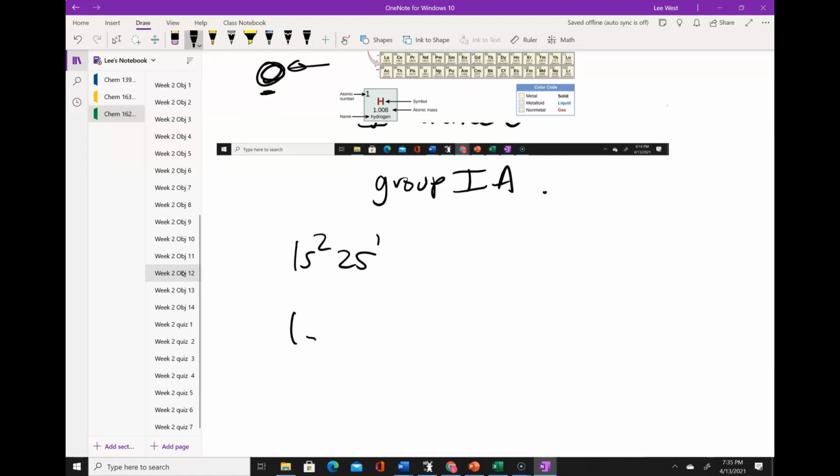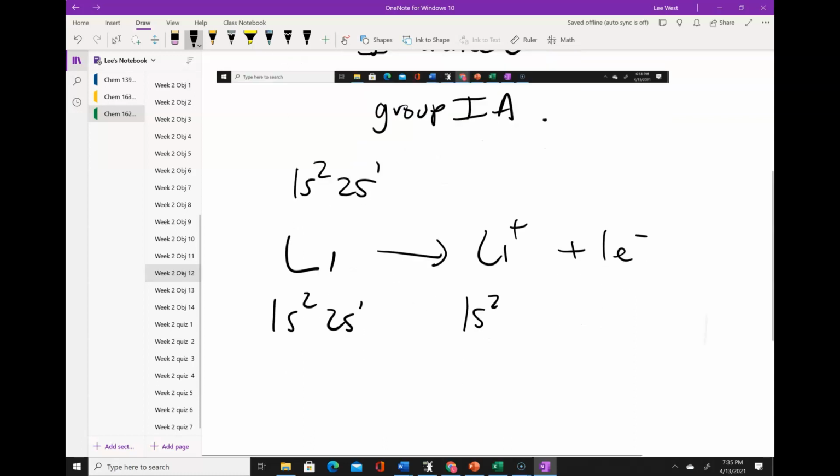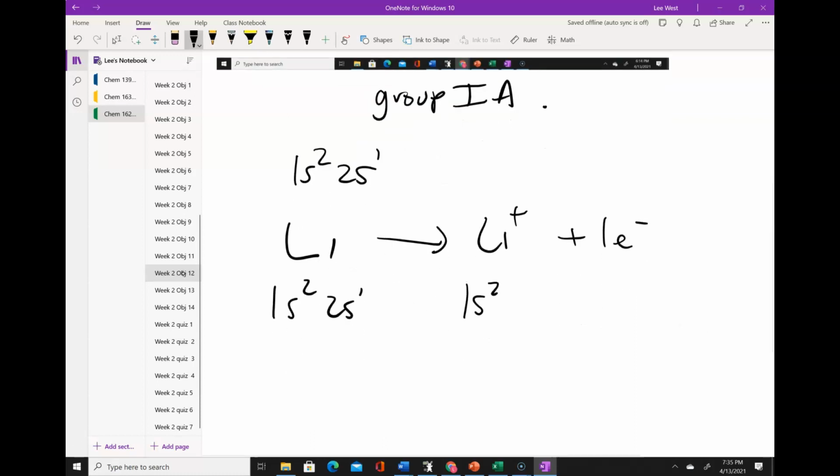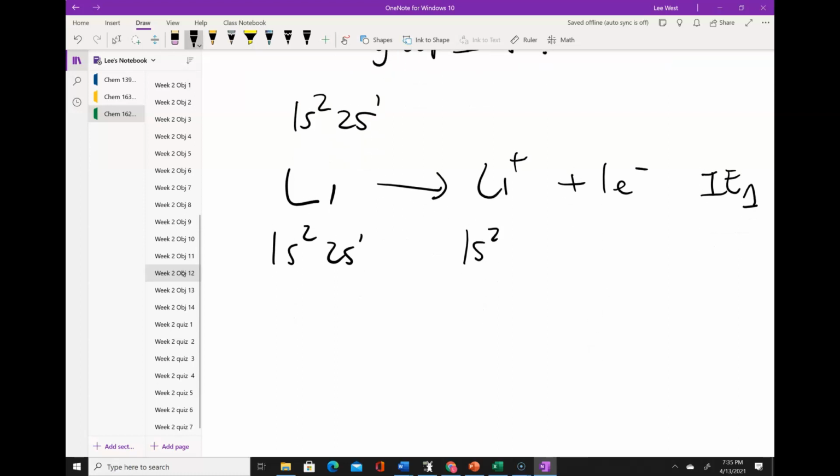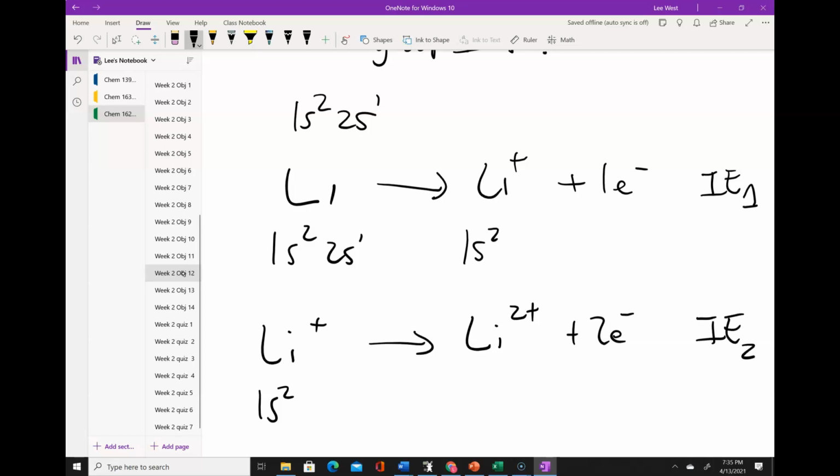When we do IE1, that first electron is being removed. That's the valence electron, and the energy associated with this is called ionization energy 1. When we go to remove another electron, we're removing it from the core, and that's breaking up a noble gas helium-like core.